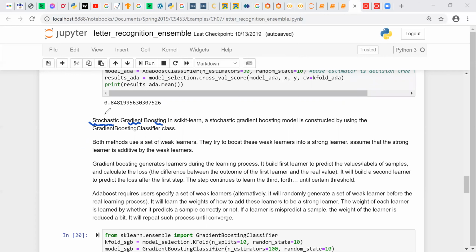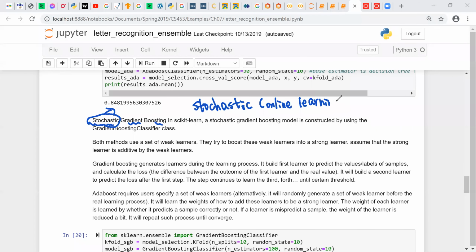Who remembers, generally speaking in machine learning, what's the purpose of stochastic? Because you see this a lot. What does stochastic mean? We sometimes also call it online learning.